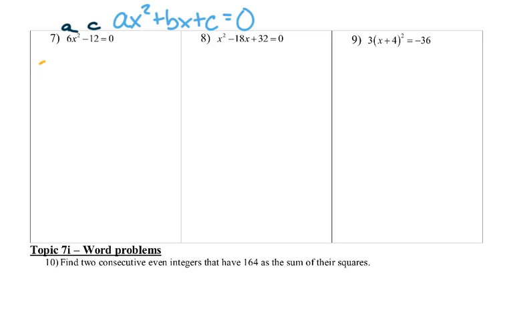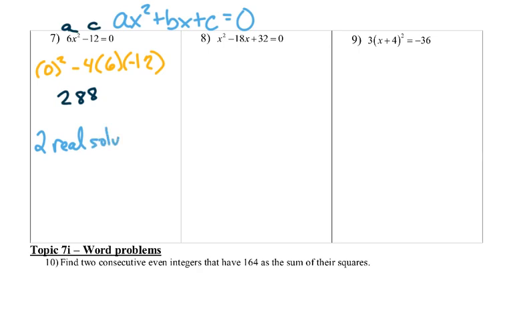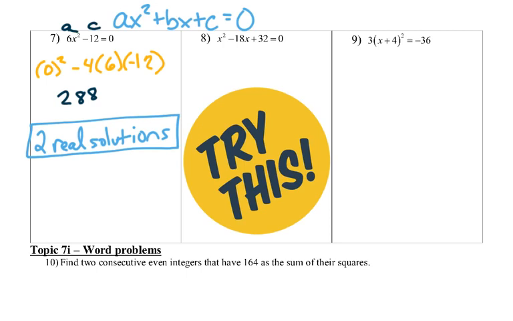So we're going to set it up as b squared, which is 0, minus 4 times a times c. And then when we do this math, we're going to get 288. So this is a positive number, so that means that we are going to have two real solutions because the discriminant is positive. I want you to try number 8 now.